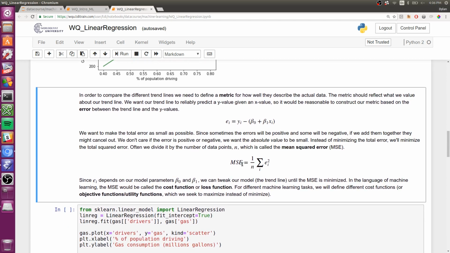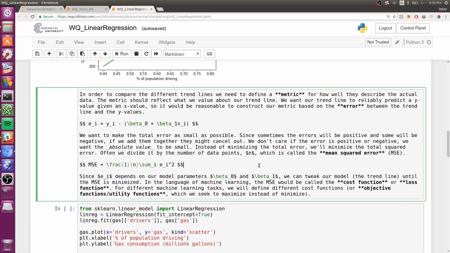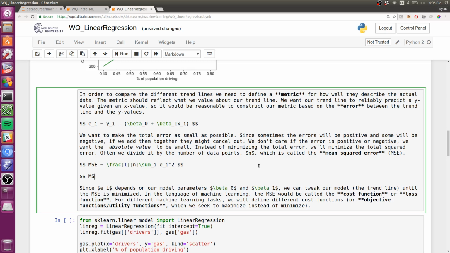So if we were to expand out this mean squared error, by expanding the squared error terms, which is what I am doing right now.